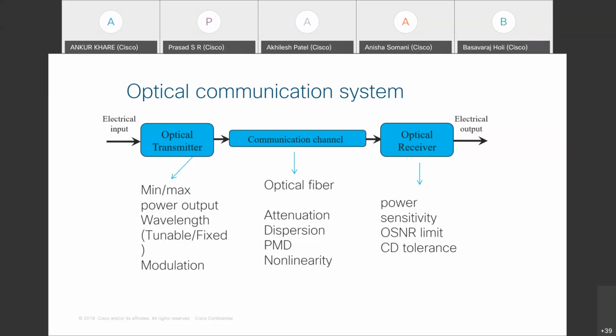From the receiver, we have to take care of sensitivity: what is my receiver sensitivity in a particular optical port, or the OSNR limit, which is optical signal to noise ratio. That is also a very important point for any optical link. And another one is chromatic dispersion. Okay, so these are the points we will discuss in basic optics.